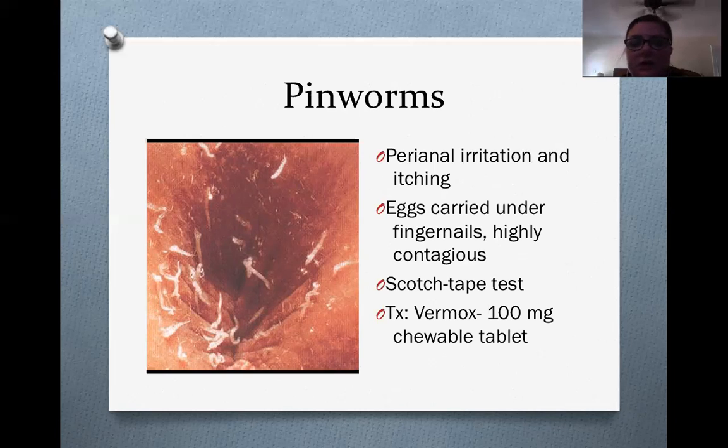And so you can either just treat the patient, which is the most common approach to this. For rectal itching, you can just go ahead and treat them with medication for the pinworms, or you can have the family do the Scotch tape test, which is where they put a little piece of clear Scotch tape over the anus at nighttime, and in the morning, if they have pinworms, they will see something like this with these little white specks on the tape.